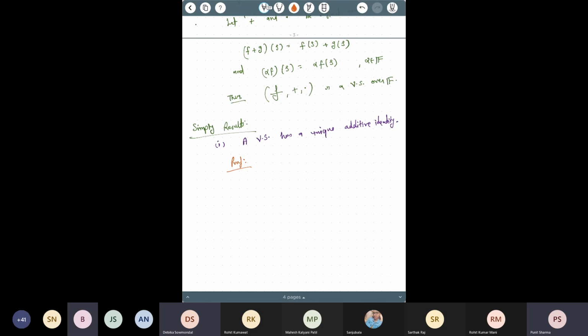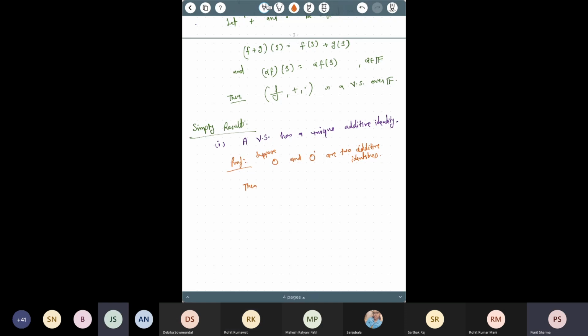So suppose 0 and 0 dash, which are just notation I'm using for additive identity, are two additive identities. Then you want to show that 0 is equal to 0 dash.